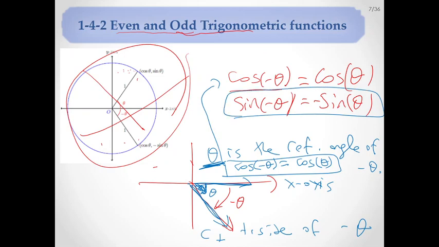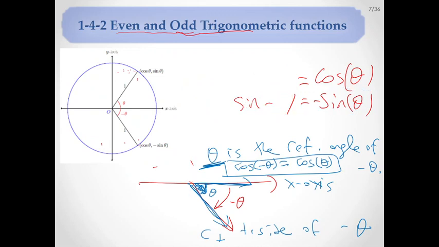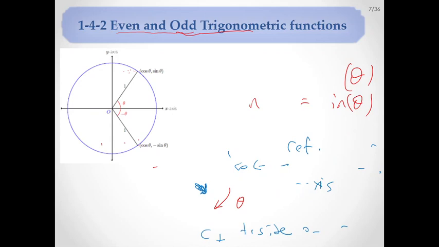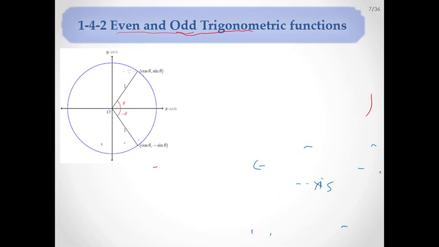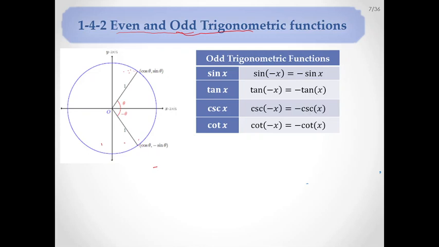Also you can use the reference angle. Anyway, by using the unit circle or using the reference angle, you come to the same decision. And this fact is given as this.